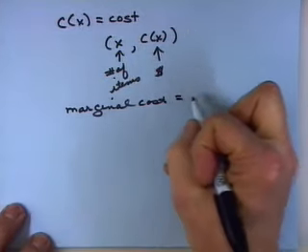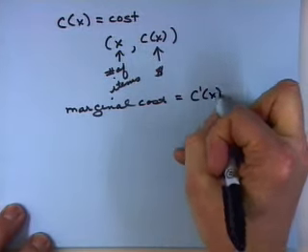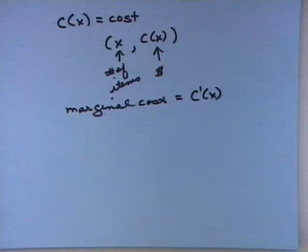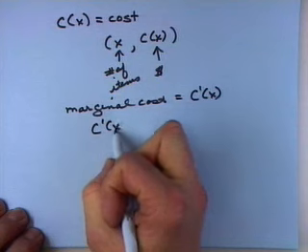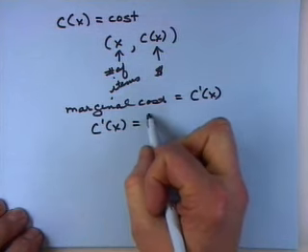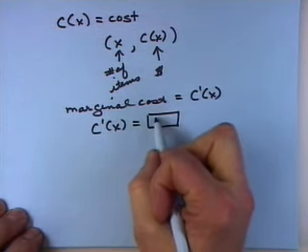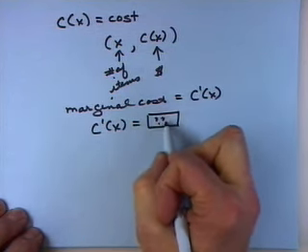So marginal cost is the derivative of the cost. That's the instantaneous rate of change of cost with respect to whatever the variable is. We don't know the function here, so we can't fill this in, but we can fill in the units. What would the units look like for marginal cost in this particular description?